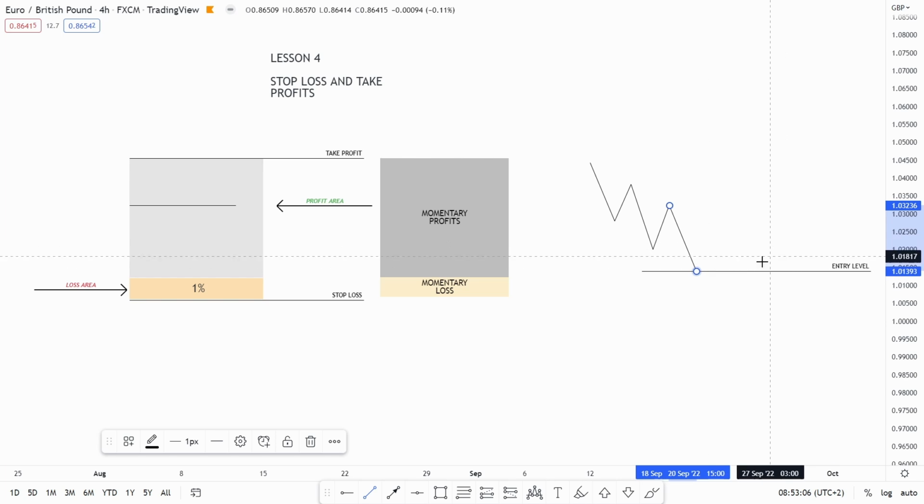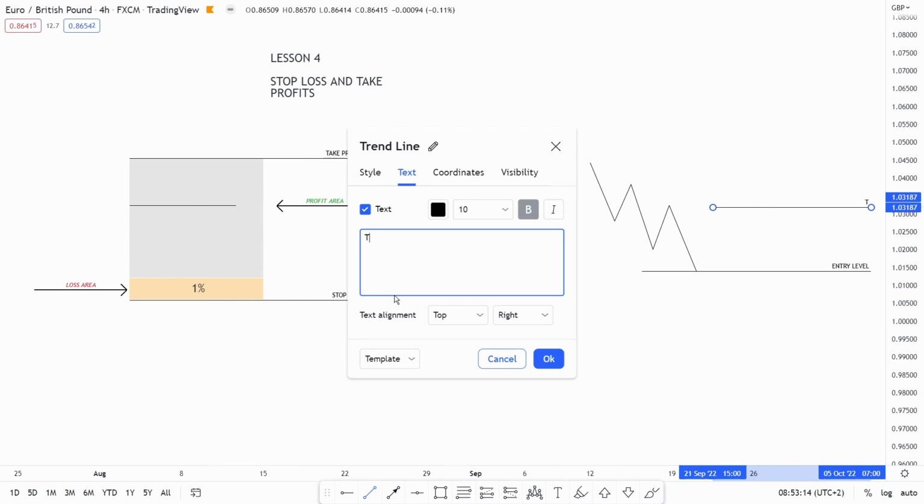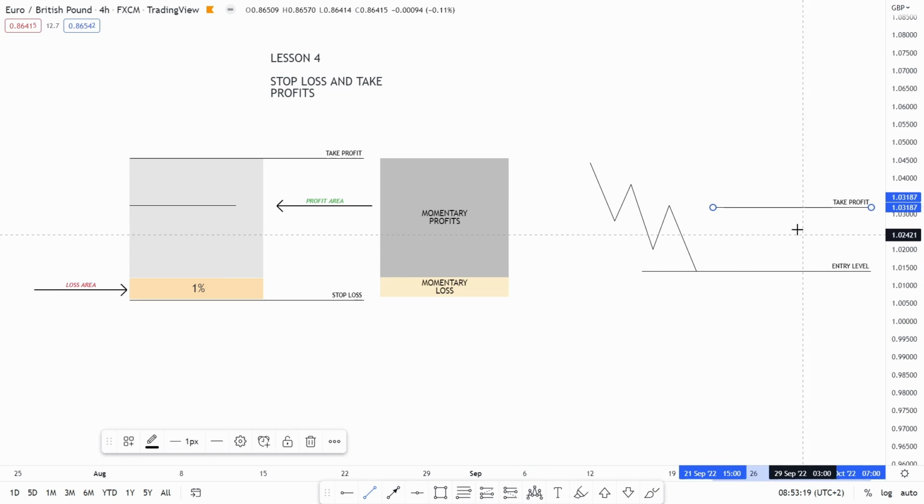Okay? The first thing we do is put in only our take profit, also thinking that the market has to do what we said it was going to do, which is a mistake.